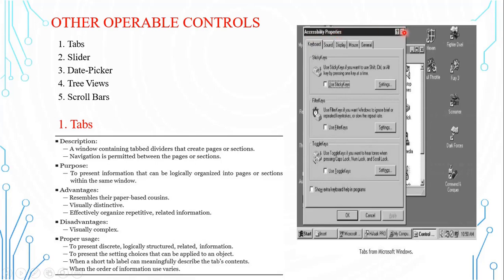A window is opened and you have keyboard, sound, display, mouse, general. You cannot show all the information of keyboard properties, sound properties, display properties or mouse properties at a time.